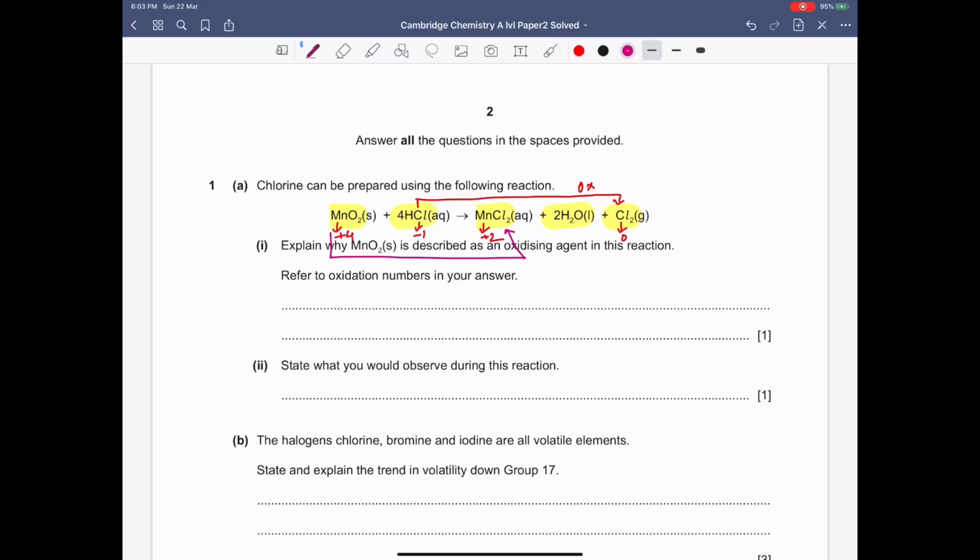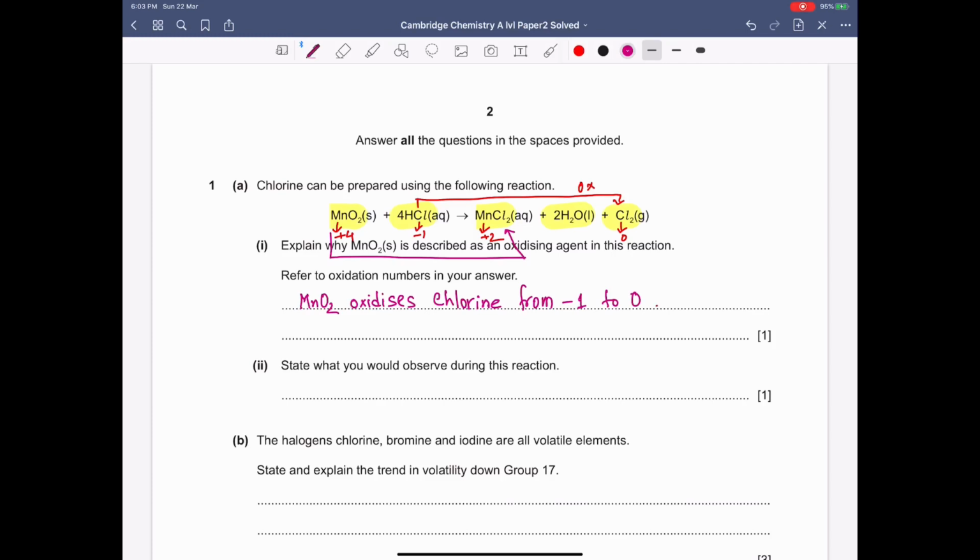So MnO2 is reducing itself to oxidize chlorine. MnO2 oxidizes chlorine from -1 to 0.